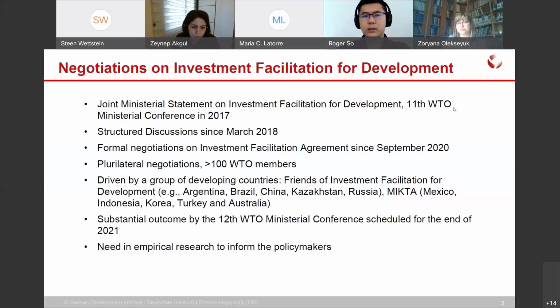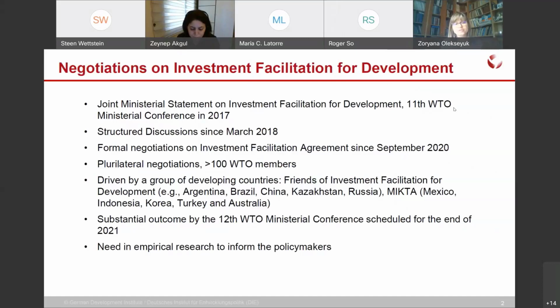There we see a kind of reversal from developing countries that were driving the negotiations on investment liberalization, dispute settlement, and so on in the 90s and 2000s, to developing countries which are now keen on investment facilitation commitments that would enable them to promote stronger FDI. So there is a stronger interest from developing countries, definitely.